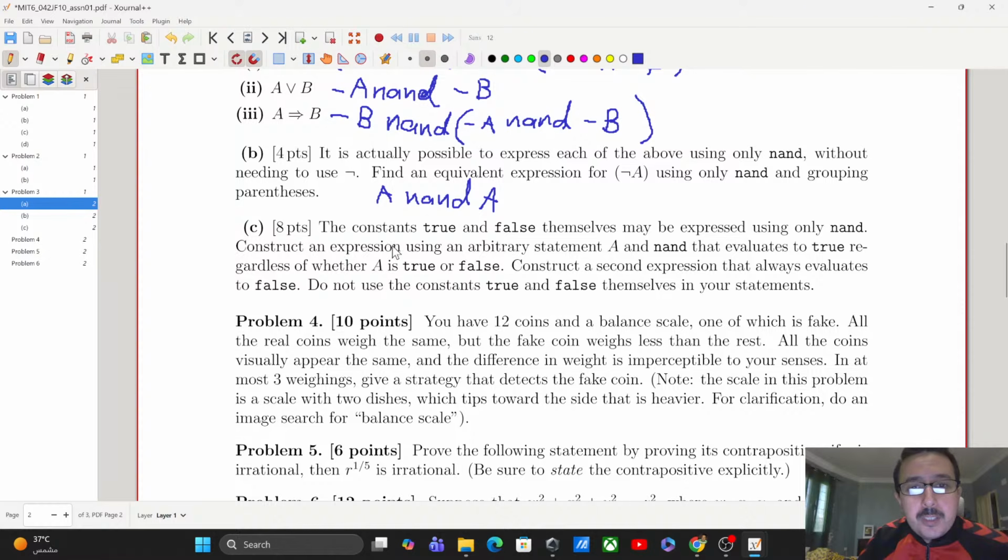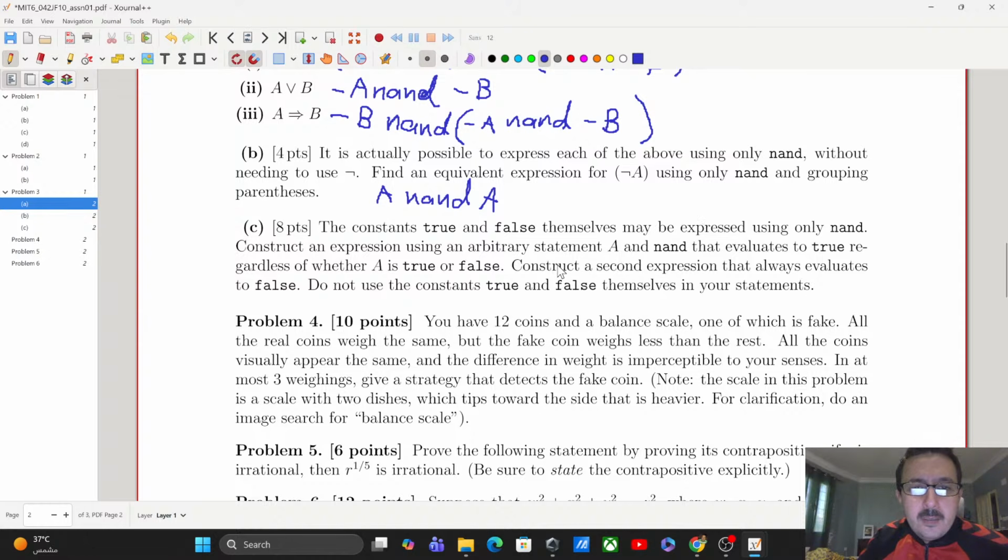Construct an expression using an arbitrary statement A and NAND that evaluates to true regardless of whether A is true or false. Construct a second expression that always evaluates to false. Do not use the constants true and false themselves in your statements.